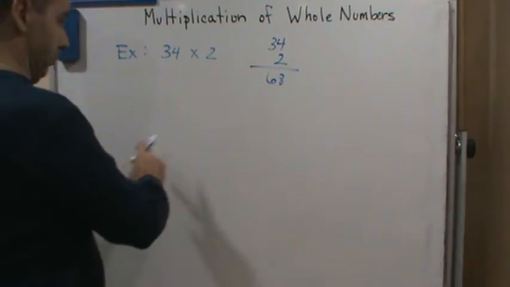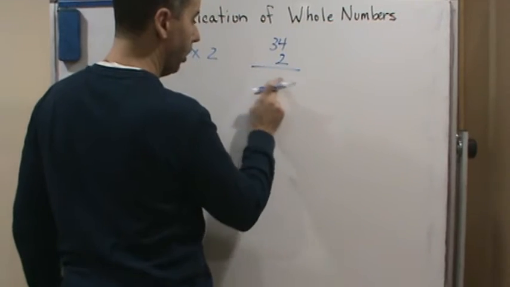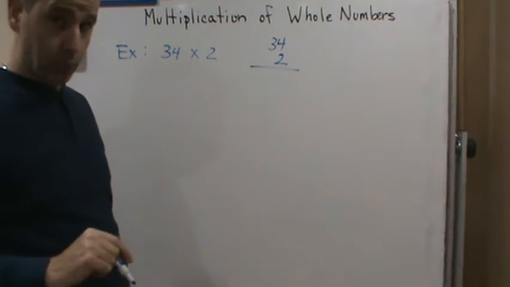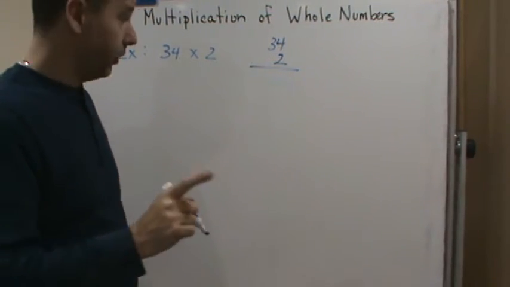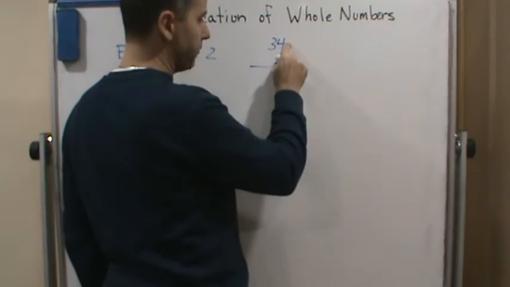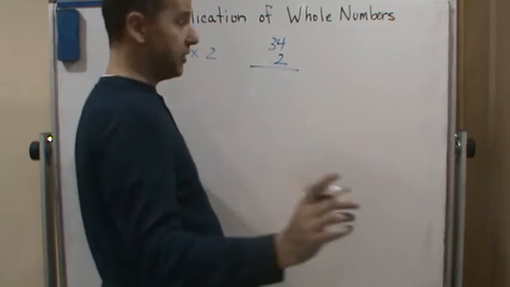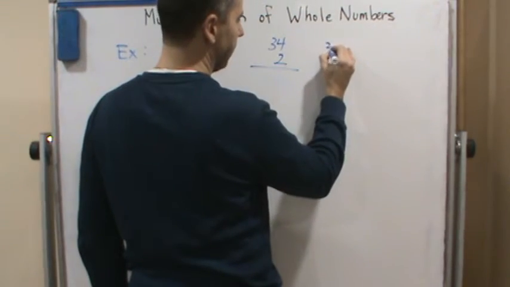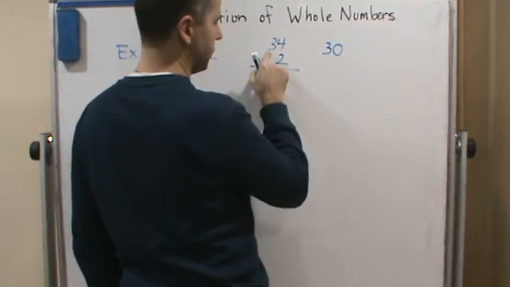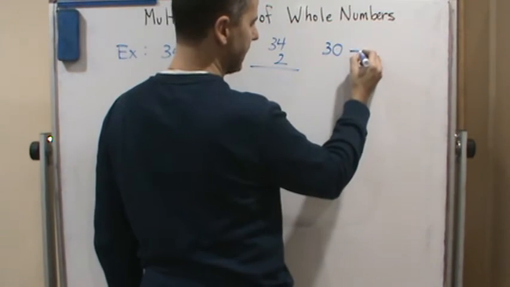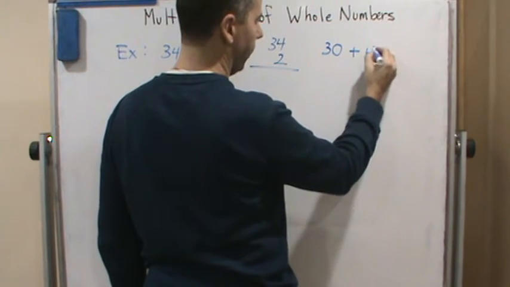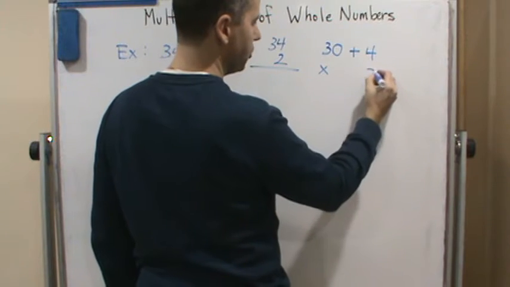Or you can multiply by place value. Here's another way to look at multiplication. Remember place value: 34 is the same as 30 plus 4, times 2.